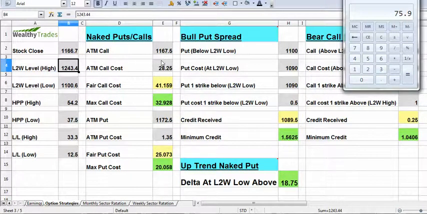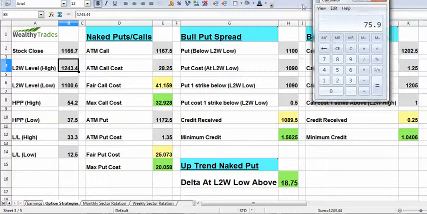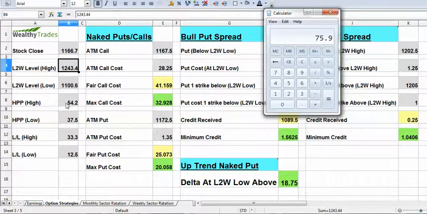Well, how do we know whether it's fairly valued or not? This is how we come up with the calculation. We know historically it hits it 54.2% of the time. So once we know the distance between the call, which is 1167.50, and the upside expectation on the call side, which is 1243, which is $75.90, and we know the historical hit rate of that, then we can calculate the fair value of that call.